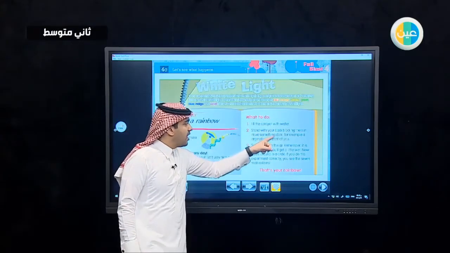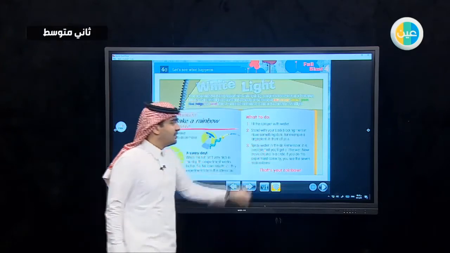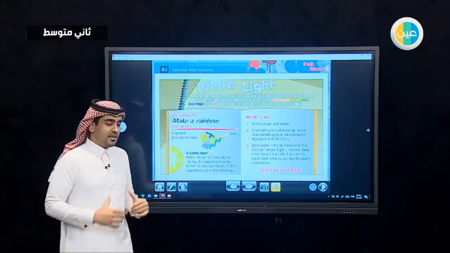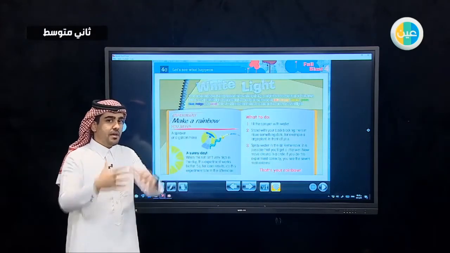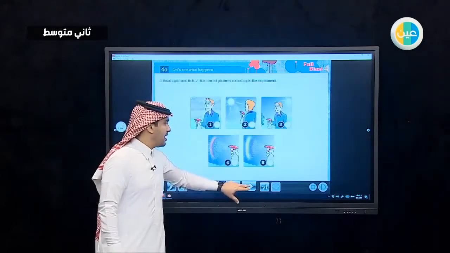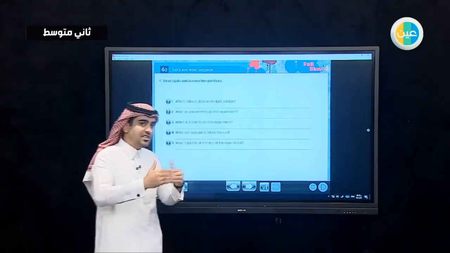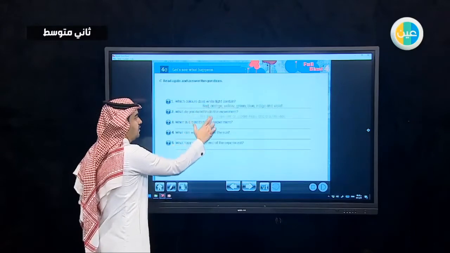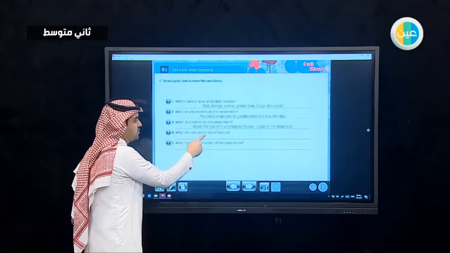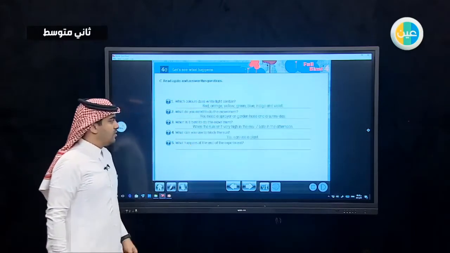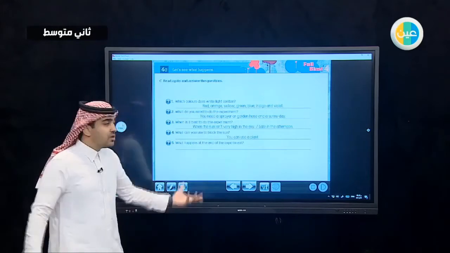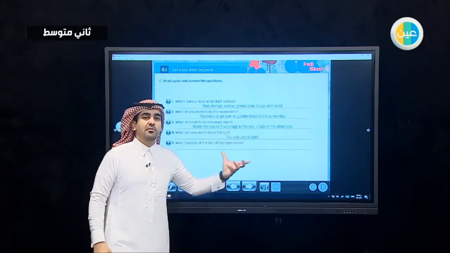Have something dark, for example, a large plant in front of you. Something dark in front of you, maybe a plant or anything else that is dark. So number 4, what can you use to block the sun? You can use a plant, for example. You can also say you can use something dark.